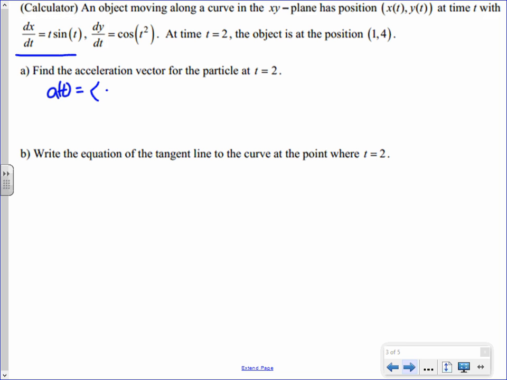It's a of t: sine of t plus t cosine t. Great. Vertical component? Negative 2t sine t squared.